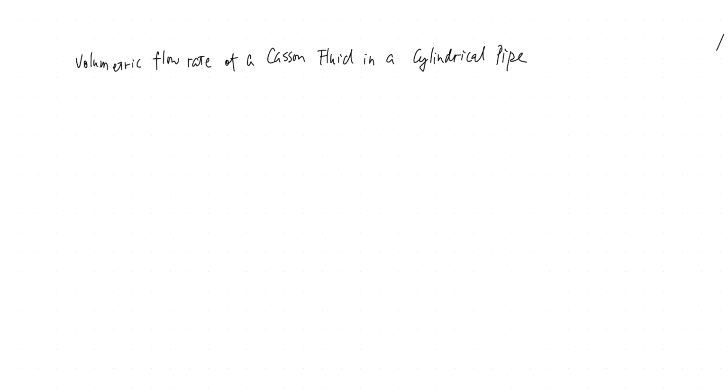Last time, we discussed the constitutive relation of a Casson fluid, which is that the square root of the shear stress magnitude equals the square root of the yield stress plus a constant multiplied by the square root of the magnitude of the shear rate.